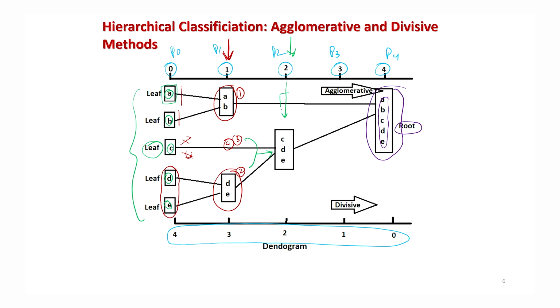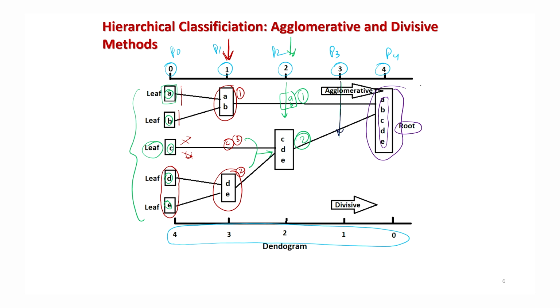AB continues as such; there is absolutely no issue. Then in the next stage, they remain separated. So at this stage we have cluster number 1 and cluster number 2, and at the next point there is no change.